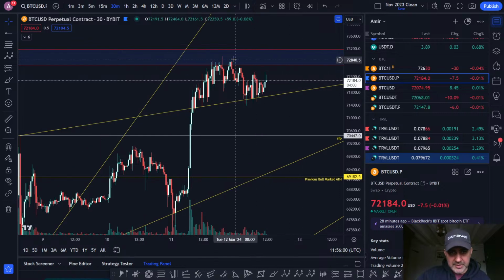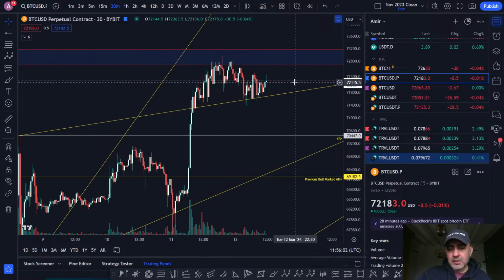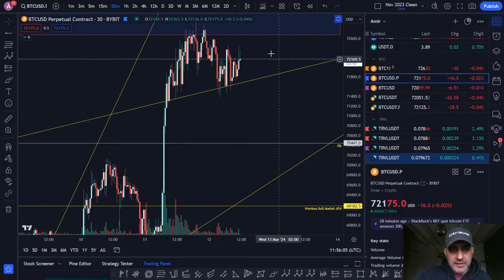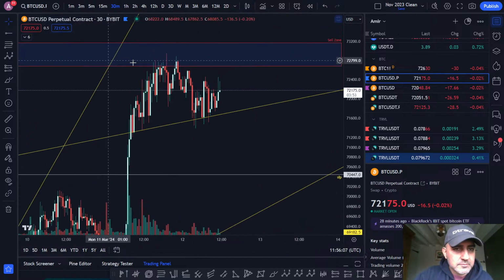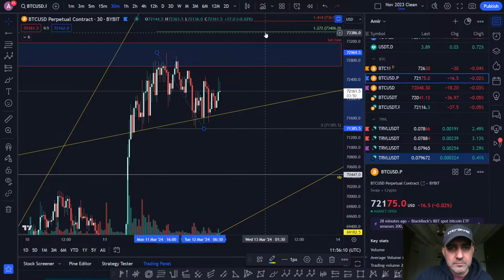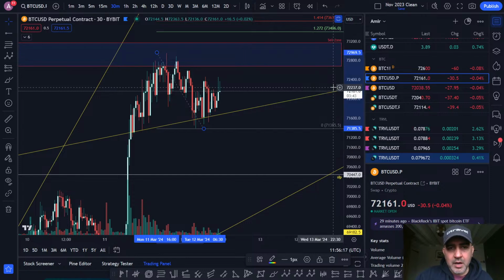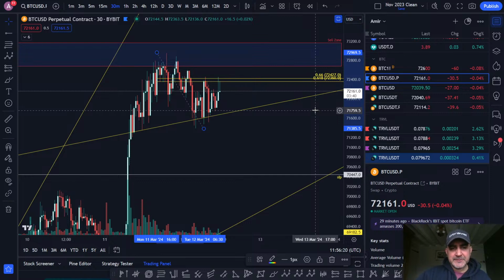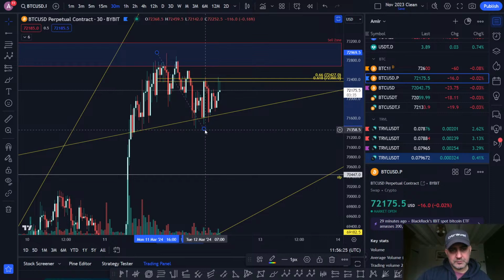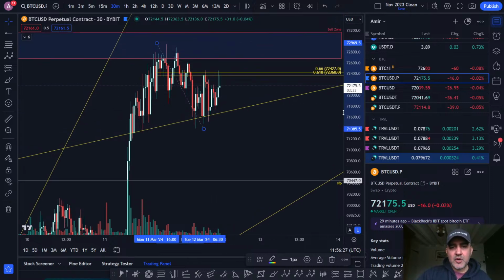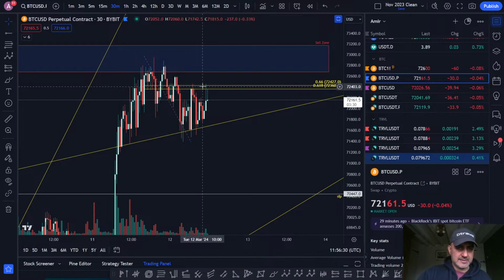I'm not going to touch my trade because we still got, let's see. As long as that golden pocket holds as resistance, I think it should be okay.